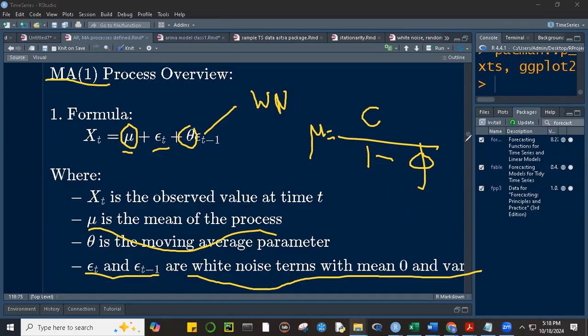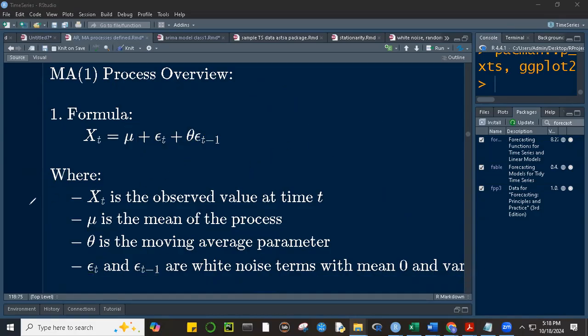All right. Now, there's one very important aspect about this MA, moving average. The epsilon here, class, the residual, does not come from the AR process. When we think about it, we might think the epsilon comes from an AR process and the error of that AR process is placed here. That is not the case.